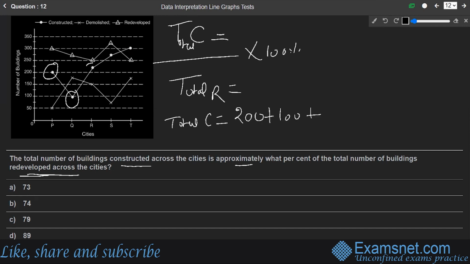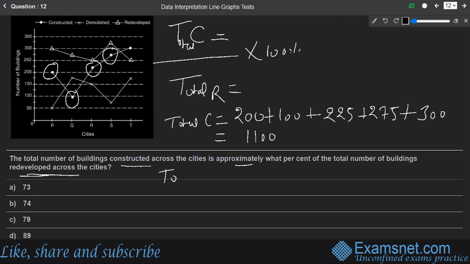For city R, it is between 200 and 250, so we can take it as 225. For city S, it is between 250 and 300, so we can take it as 275. For city T, it is exactly 300. If we add them together, the total constructed building becomes 1100.